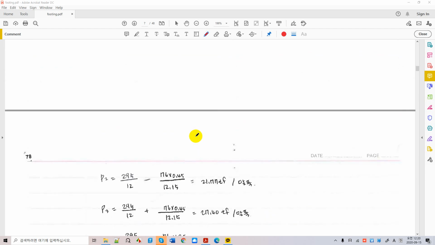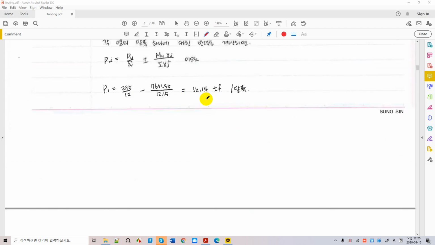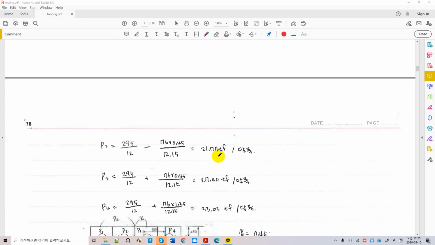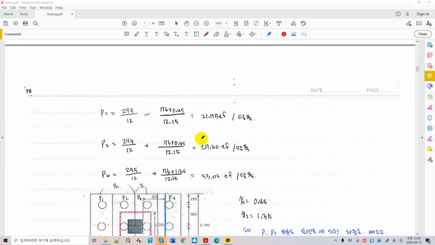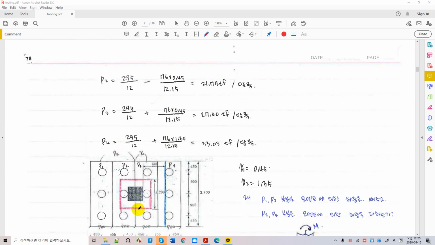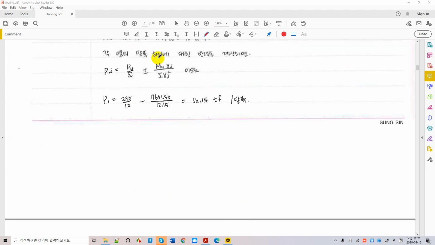So we have all the column forces per each pile, right? These are small forces for near columns and big forces for far columns here, okay? And the reason is the moment is going to be very big right there. It's going to be added to the vertical force on the compression side, and it's going to be subtracted on the tension side, right?